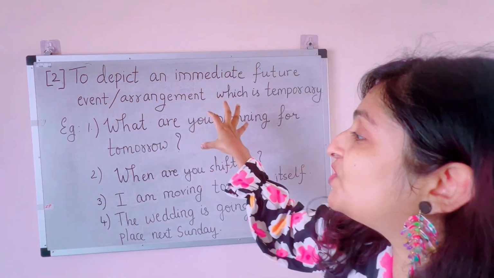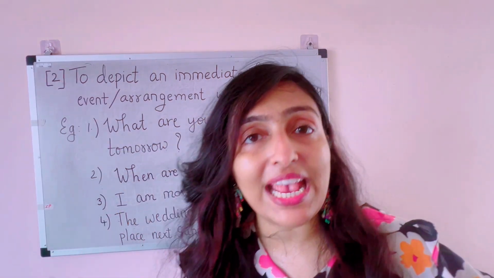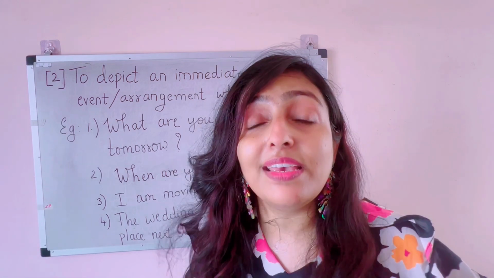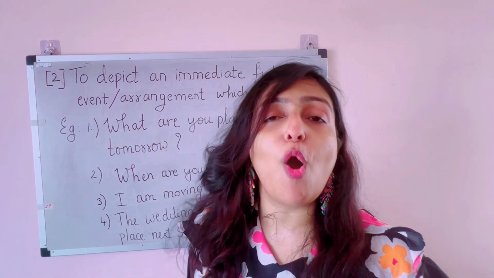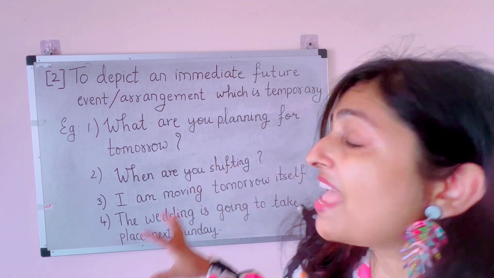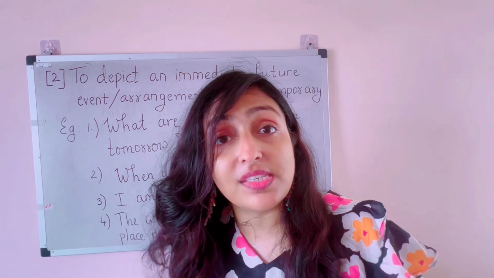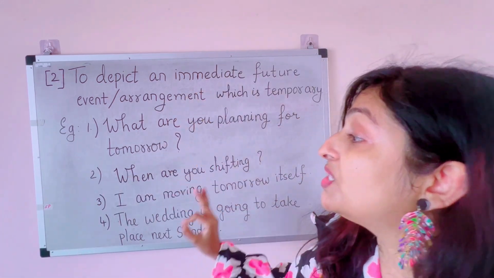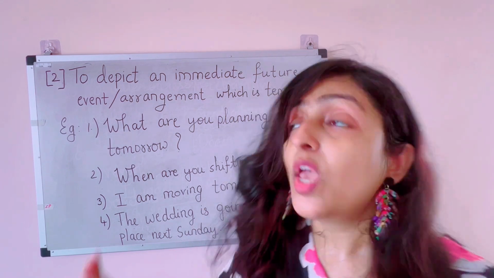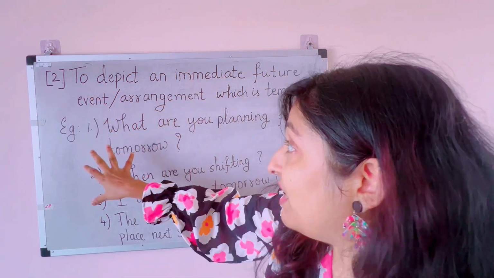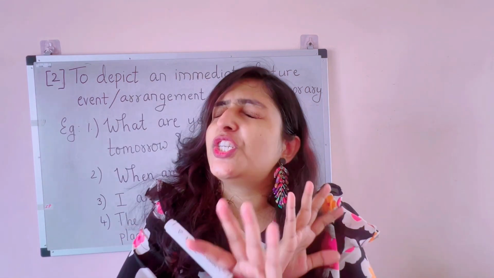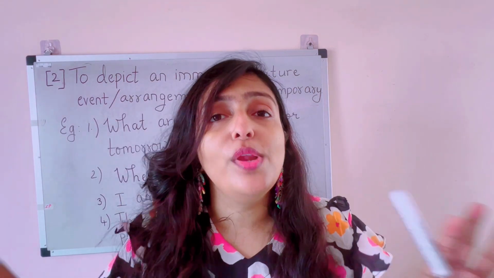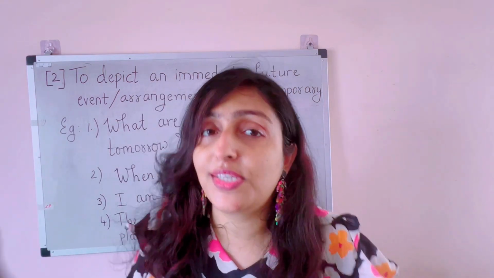If you observe these four examples, there is a pattern similar to all four, and that pattern is that all these examples have an event or planning or arrangement which is not going to last for a long time.